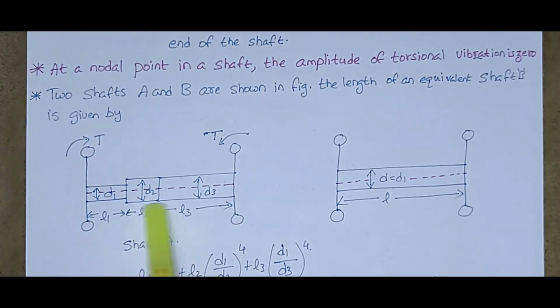These D1, D2, D3 are the different diameters of this shaft, and L1, L2, L3 are the lengths of the shaft.